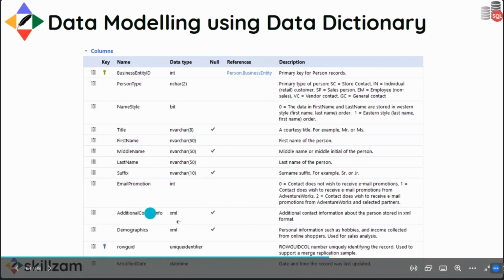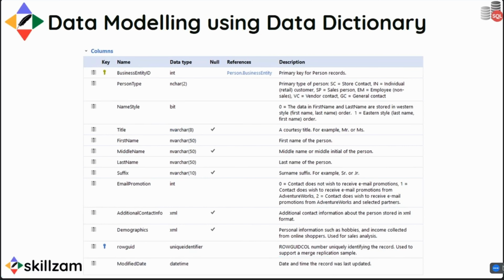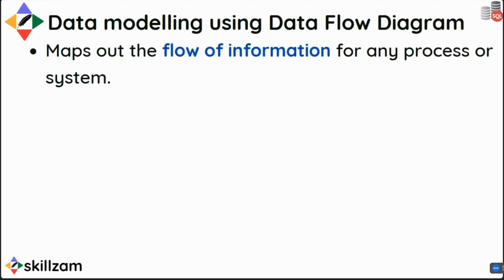You can also talk about these constraints inside the data dictionary. This is also another way of data modeling. You are trying to create a database table which contains all the attributes, a data set or table which contains the columns and the descriptions, which are nothing but the attributes associated with that table. This is again another way of doing data modeling using a data dictionary.